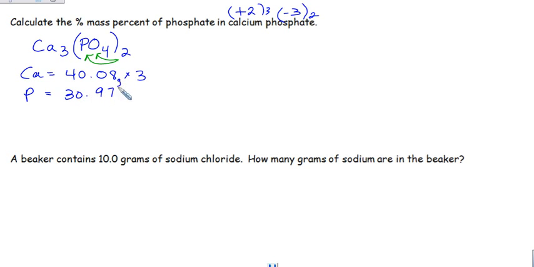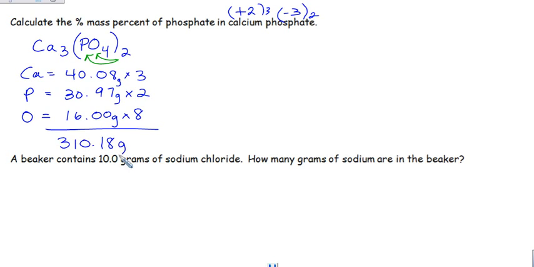These are grams molar mass off my periodic table. There are 2 phosphorus. Oxygen, 16 grams per mole. And there are 8. So we're going to plug it all in. And wow, I get a mass of about 310.18 grams. It's a big boy.